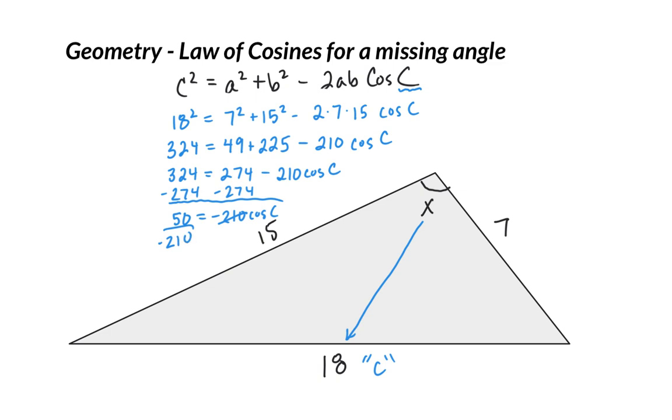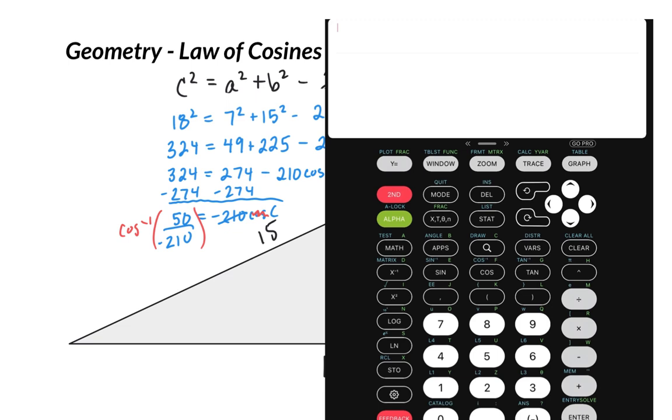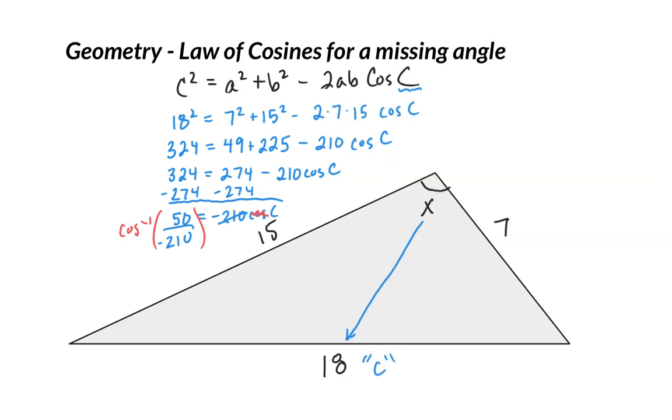And then, in order to get rid of the cosine, I'm going to use inverse cosine. Whenever you're solving for an angle, you're going to end up using that inverse trig function. All right, so we're going to do second cosine 50 divided by negative 210 and 103.8 degrees. And now we have that established pair that we could use law of sines to find anything else we might need to find.